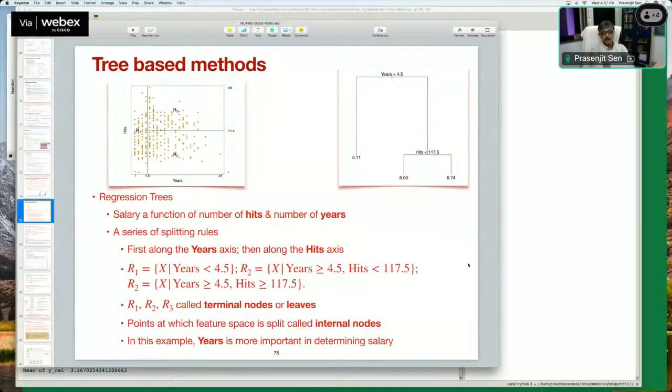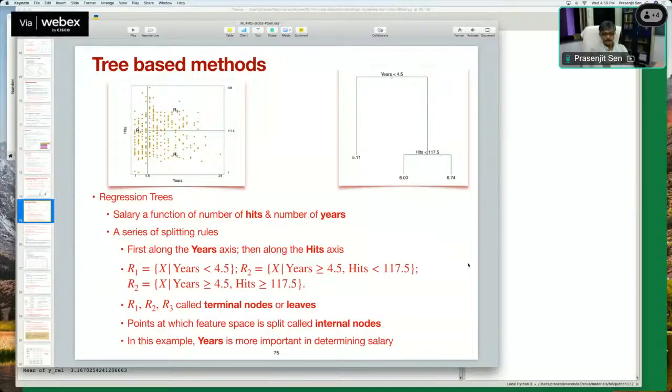So suppose we have data for salary of some players. It could be baseball, could be cricket, doesn't matter. Hits. So there are two features on which salary or the value of a player depends. How much money that player gets depends on two quantities.